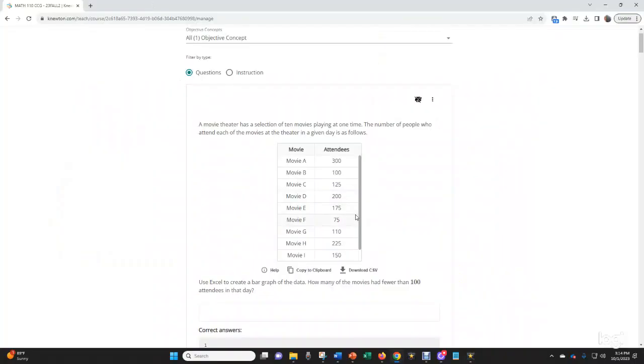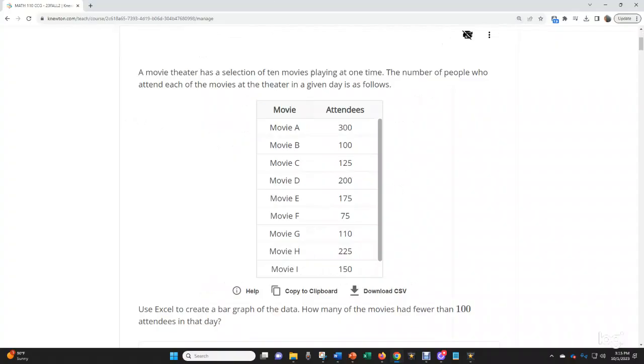Okay, we're going to start off very basic here, and this may be stuff that you may well be aware of, making simple charts there in Excel. In this example question, we have a movie theater, and they're selecting 10 movies, and they're going to play it one at a time, and this is the number of people who attend each of the movies.